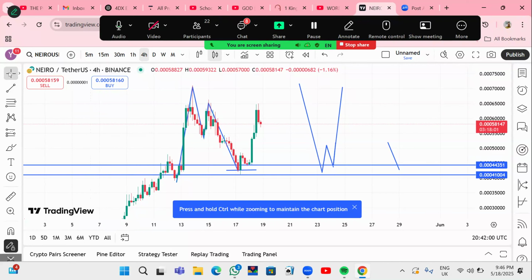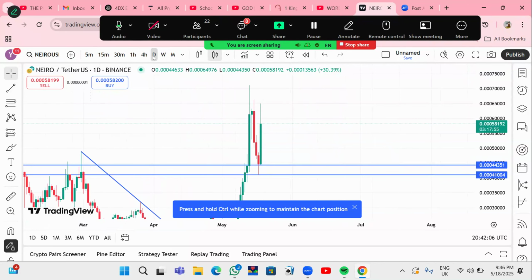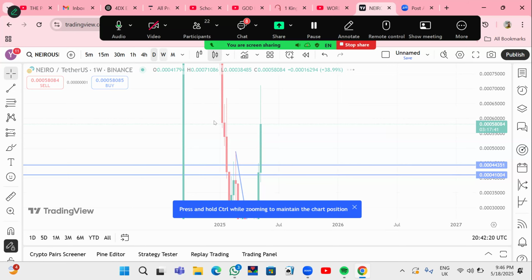If you go to the higher time frame again, for example the daily time frame, and you see that price is no longer bullish or it has become bearish, then you go to a lower time frame and start looking for opportunities to sell. If you do that, you will not lose money. Let me give you an example here. Now, weekly time frame shows that price is bullish, right? Daily time frame shows price is bullish.